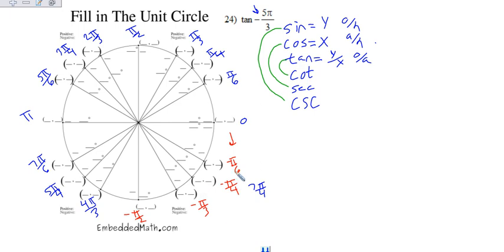Oh, we don't have 5 pi over 3. Whoops, it's actually this one, sorry, 5 pi over 3, and finally this last one, change colors back, this one is 11 pi over 6.